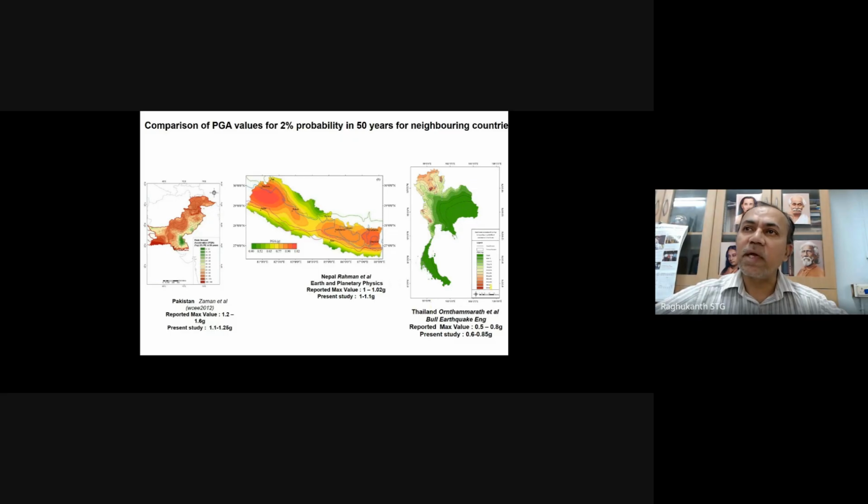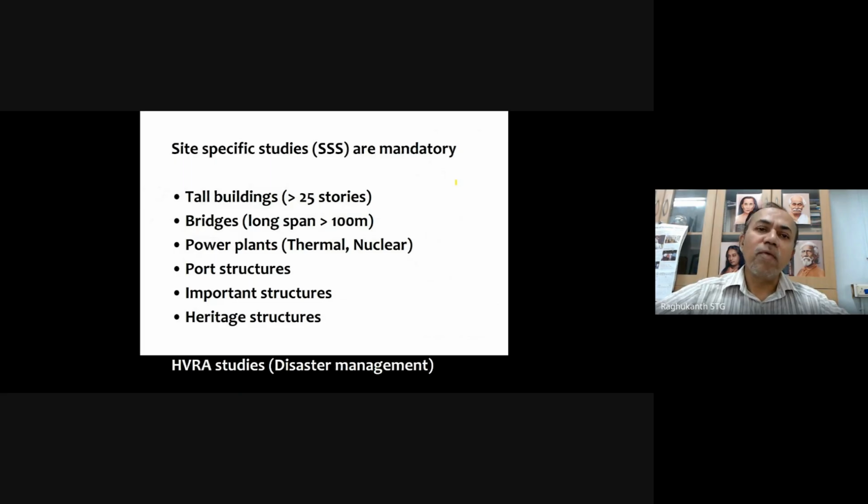Then if you see our neighboring country Myanmar, there also about 0.85 g is observed in these regions. If you compare this with our IS code map, you will see that we have been underestimating the design values compared to other neighboring countries as well as international standards. And one more thing we see is that in the old IS code, when you are having a tall building, that means more than 25 stories.